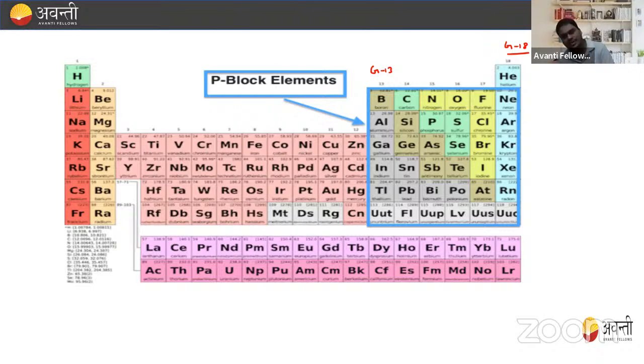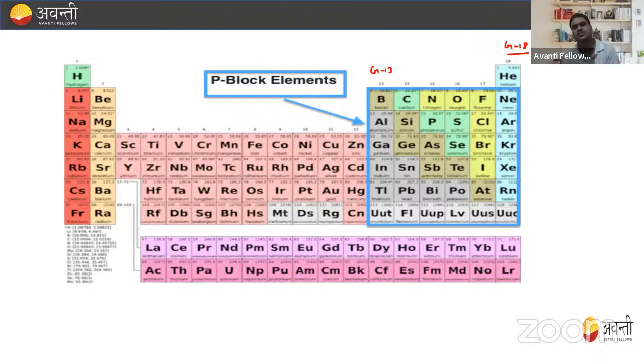Similarly, group 14 has carbon, silicon, germanium, tin, and lead. Group 15 has nitrogen, phosphorus, arsenic, antimony, and bismuth. Group 16 has oxygen, sulfur, selenium, tellurium, and polonium. And group 17 has fluorine, chlorine, bromine, iodine, and astatine. These elements you must remember so that you can easily solve the questions related to this.